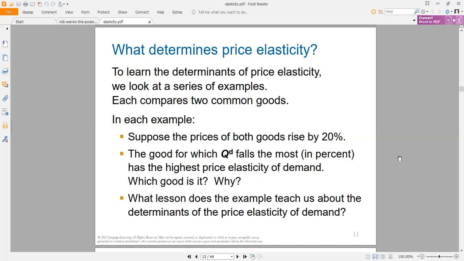So let's walk through the assumption again. We have two goods. The price of both goods has increased by 20%. So for us to know which good is more price elastic, we look for the good that will fall most in percentage terms. The good whose percentage change in quantity demanded is highest will be the good with the highest price elasticity of demand. Then we'll look at the lesson that teaches us about the determinants of price elasticity of demand.